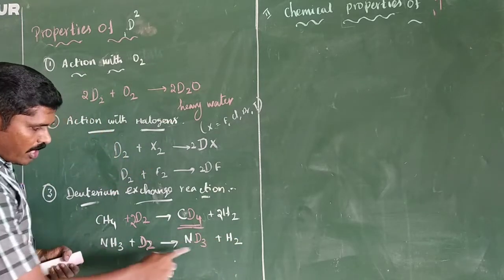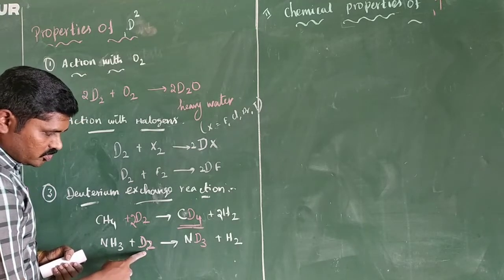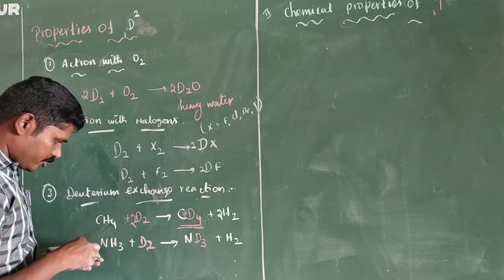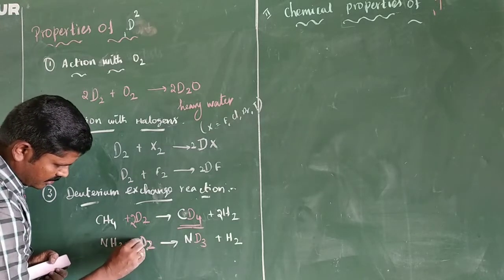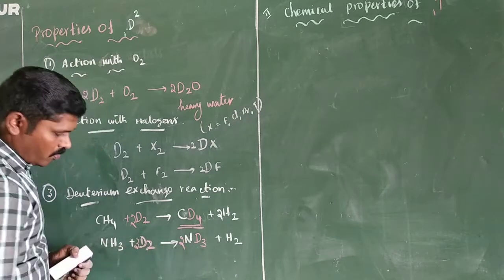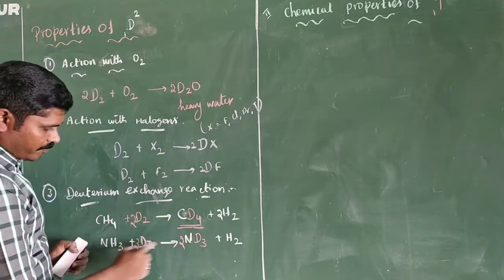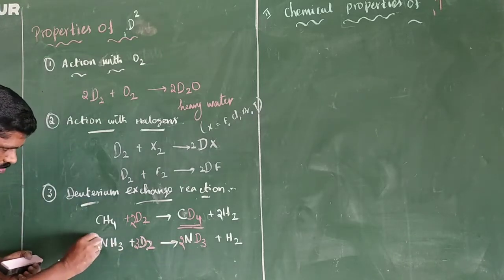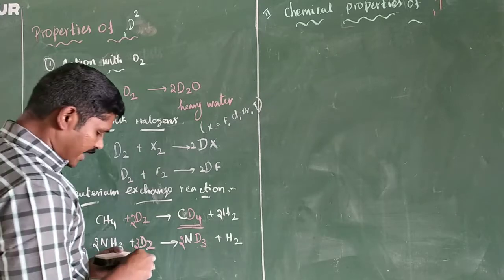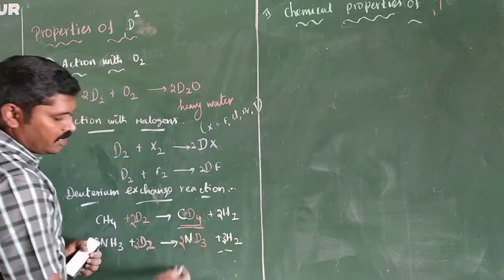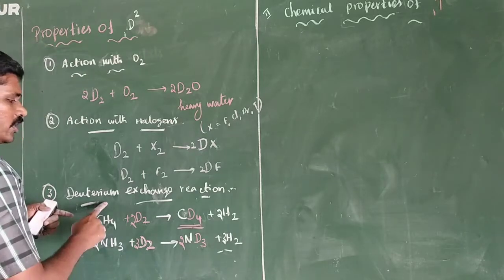The number must be even, so to change the number 3 into an even number, 6 deuterium, 2 nitrogen, 6 hydrogen, 2 ND3, deuterated ammonia.